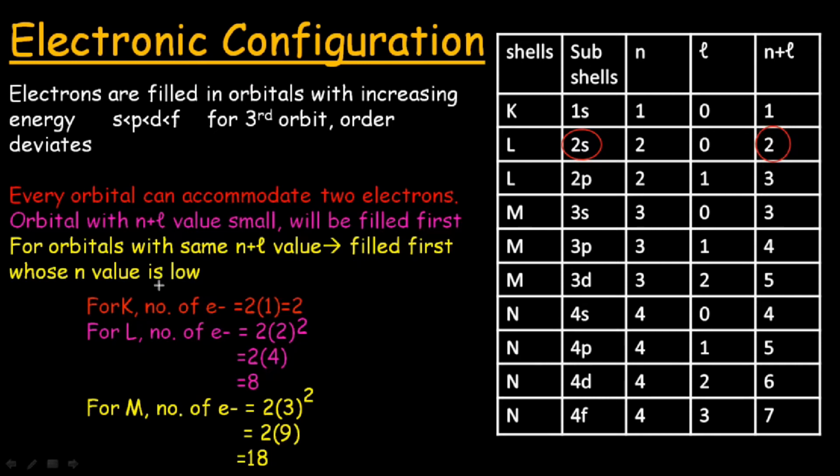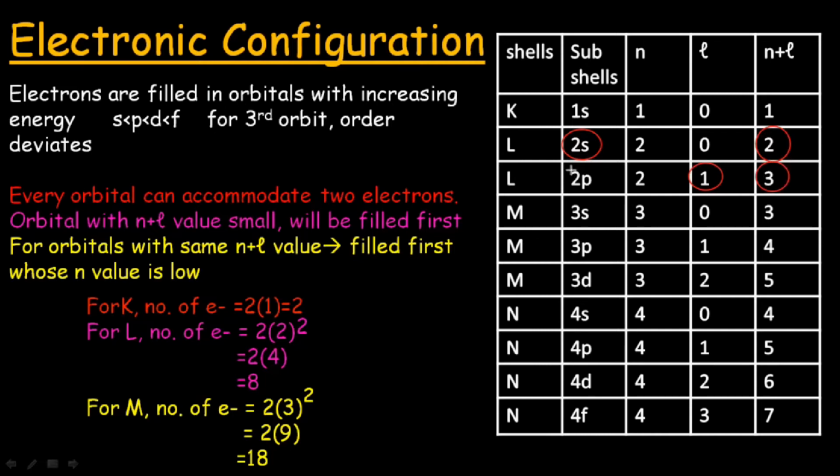This is what this yellow colored statement is saying. But the L orbit can accommodate 8 electrons and 2 of them are filled in the 2s orbital. The remaining electrons are 6, which will then be accommodated in the 2p orbital. For the p orbital, the azimuthal quantum number is 1 and 2 plus 1 gives us the answer 3.